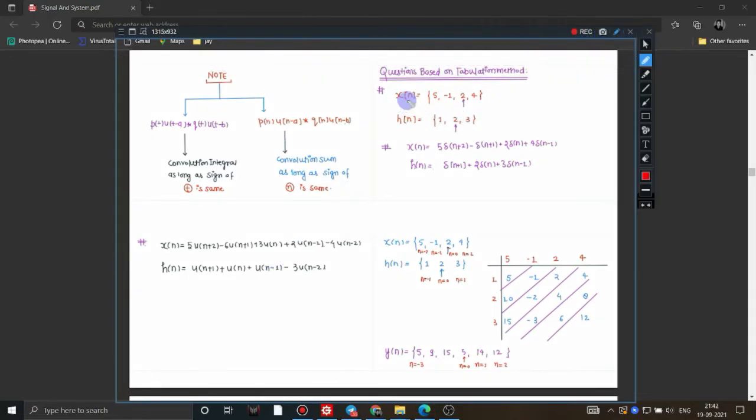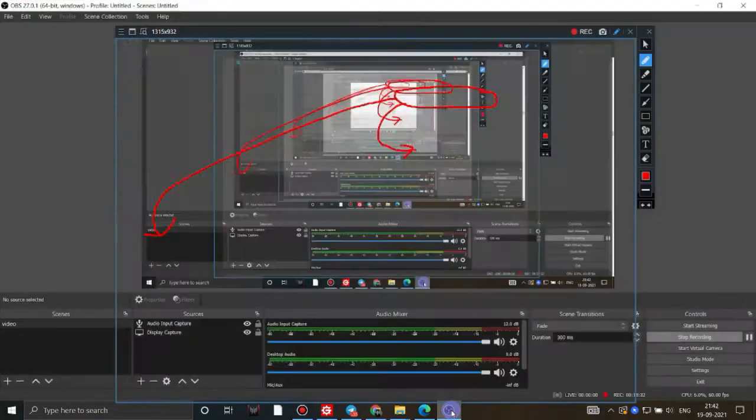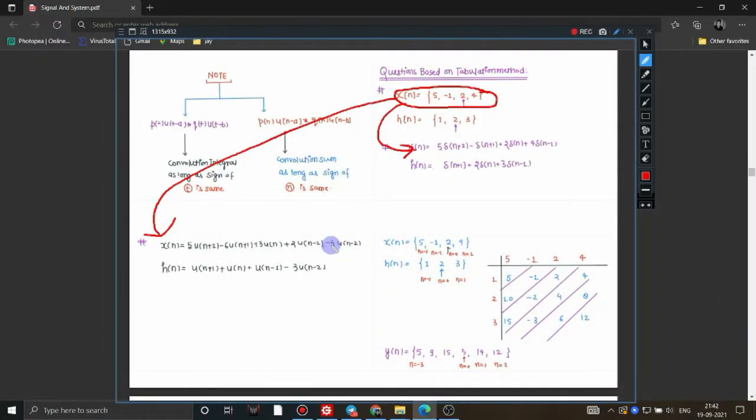So we can write this discrete function like this, as I told you now, and we can also write this discrete function in the form of step function. The basic of writing this discrete function in the form of step function is, first write 0 and make it even.